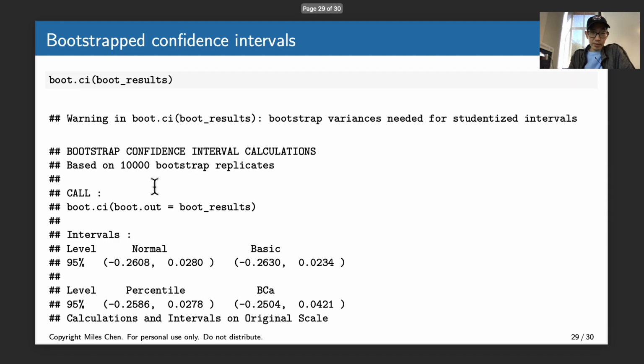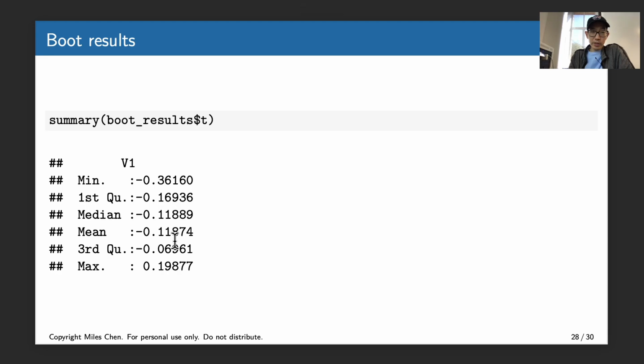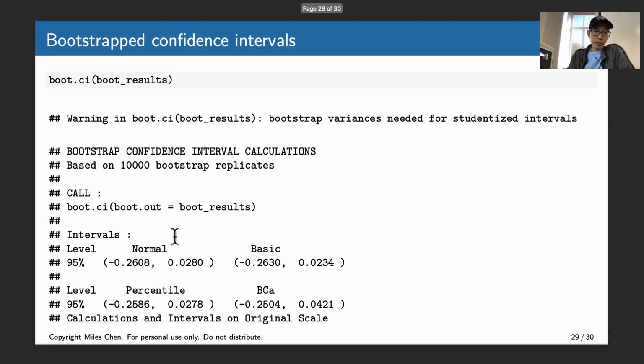And in this case, I can say boot.ci of my results, and I get these confidence intervals. It gives me 4 confidence intervals that are all very similar, but also slightly different: the normal, the basic, the percentile, and the BCA confidence interval.